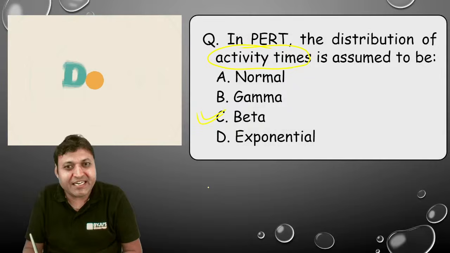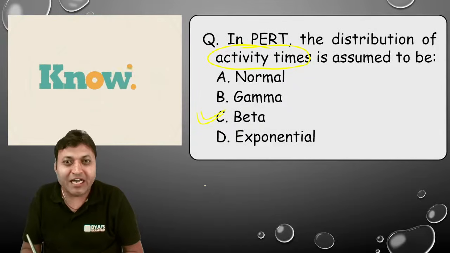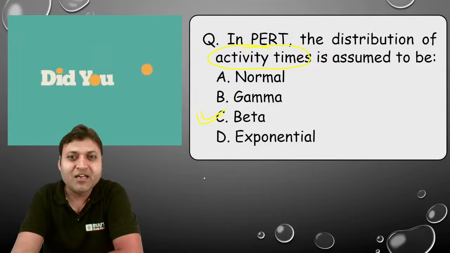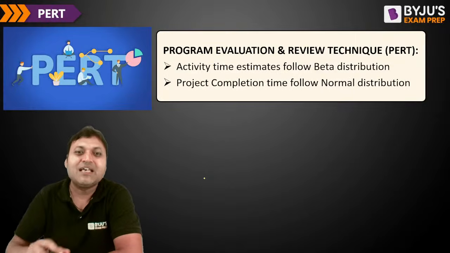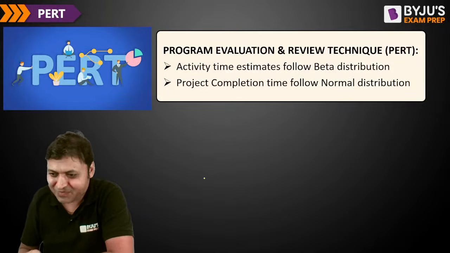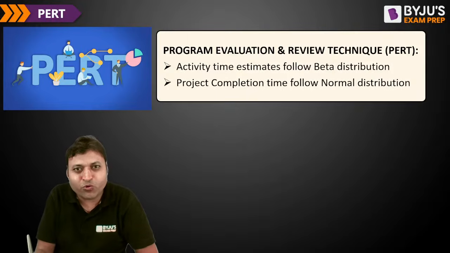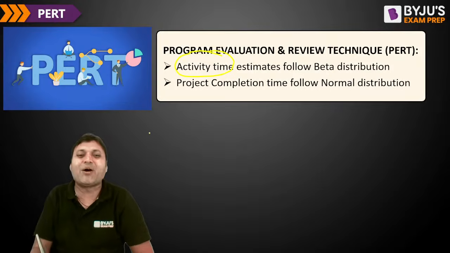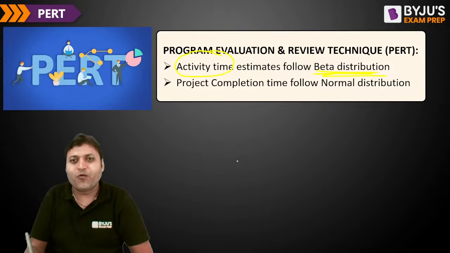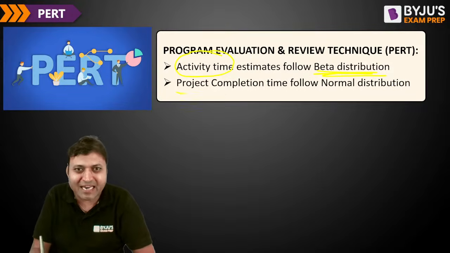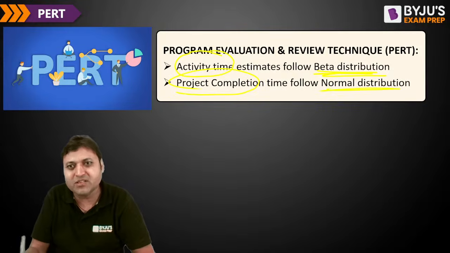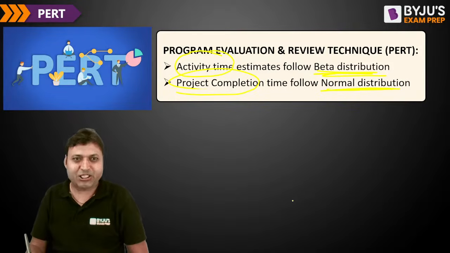One is activity time, which assumes the beta distribution, whereas the other one is project completion time. Yes, Kumar, very nice. Activity time estimate. So you need to read the question very carefully, whether it is about the activity time estimates, which follow beta distribution, and the project completion time follows the normal distribution.